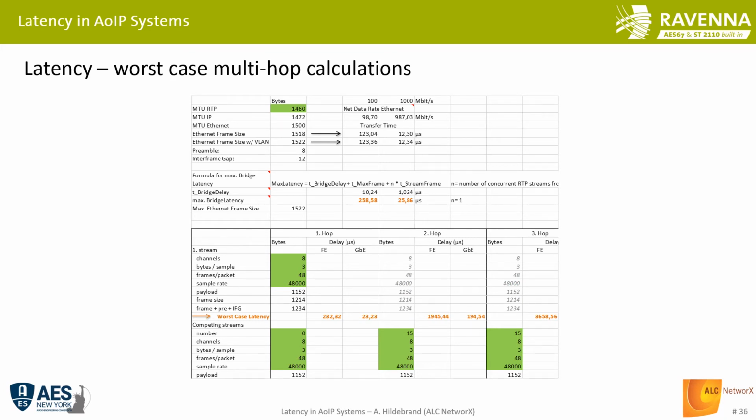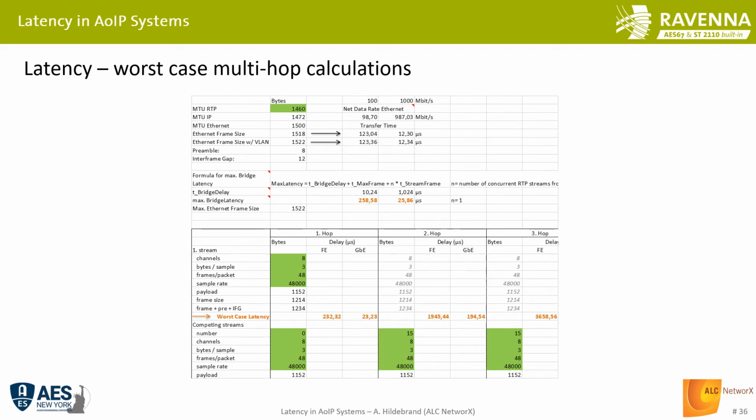When we have competing traffic, so I've assumed we have an 8-channel AES67 stream, the one we are observing, right? And on the same switch, for the same egress port, we have 15 other streams with the same formatting. Now that can result in a worst case latency of, what is it, 170 microseconds already, right? So if we have competing traffic with the same priority, that means we have observed delay variation.